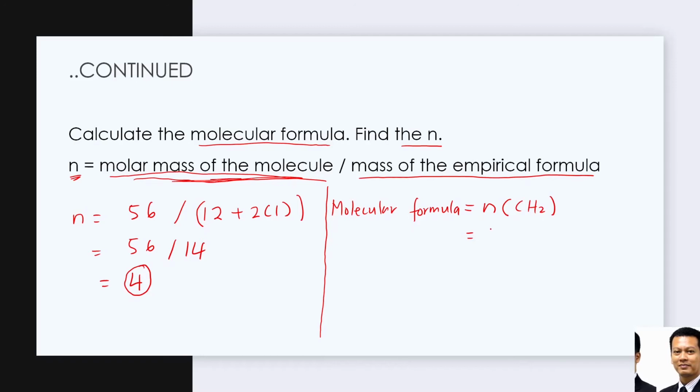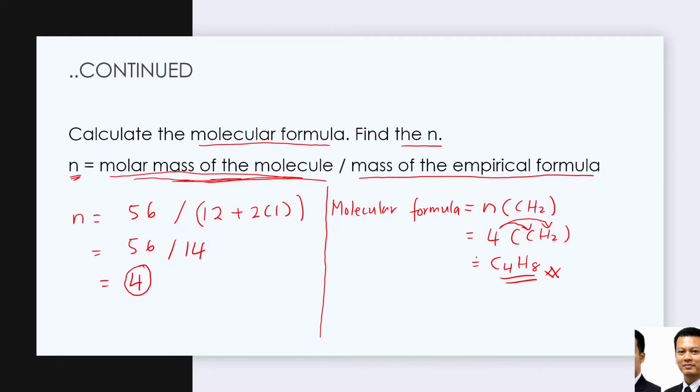So N we already know, which is 4 times CH2. So 4 times carbon is 1, so C4, 4 times 2 hydrogen is 8. So this is the molecular formula that you are looking for.